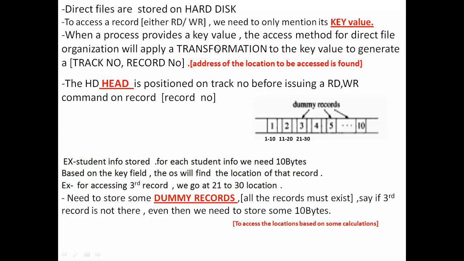So to calculate the track number and record number, even though some records are empty, I cannot leave them empty. Those records must be filled with some junk information of size 10 bytes, because we are supposed to access a particular location based upon a transformation function on the key value. Hence the main point here, as you can see in the figure itself, is that they have used some dummy records.